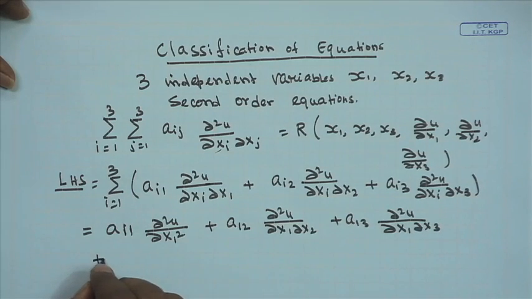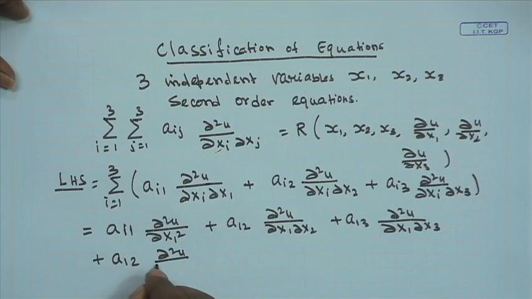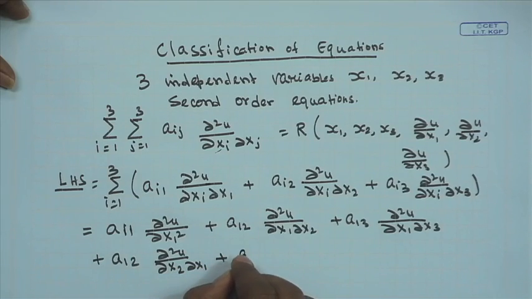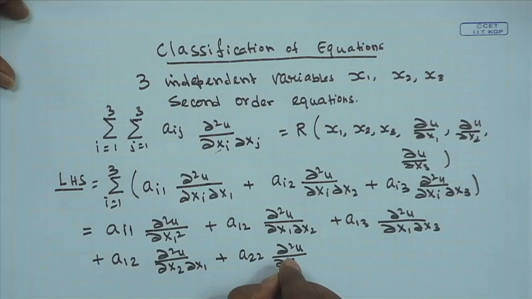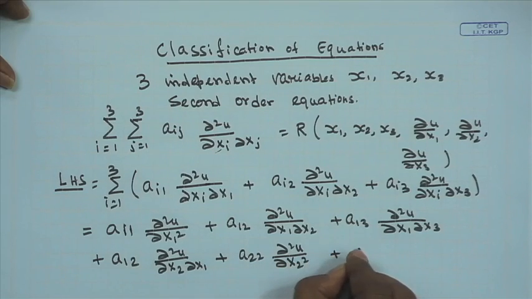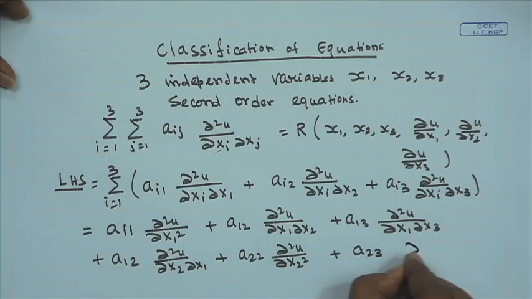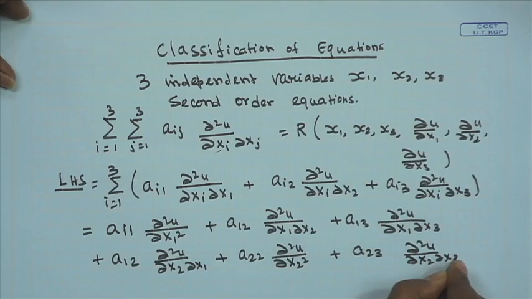Next term will be a_21 del square u del x_2 del x_1 plus a_22 del square u del x_2 square plus a_23 del square u del x_2 del x_3.